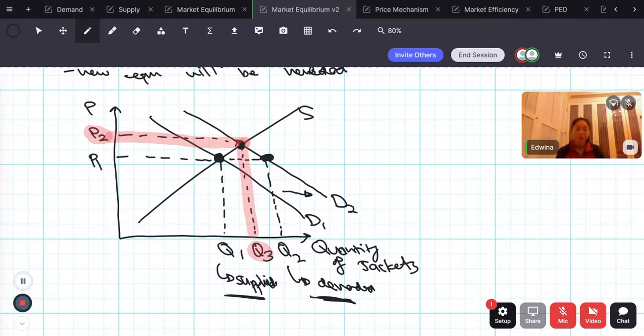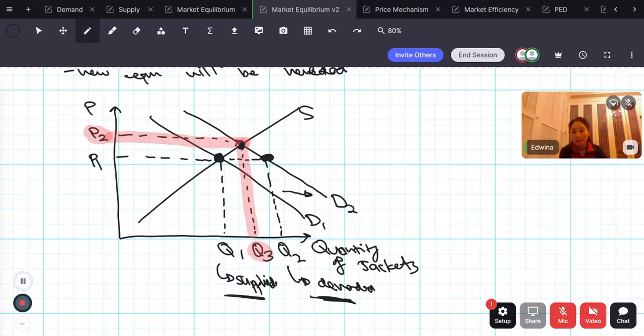However, the market corrected itself, and so firms increased the prices in order to meet the excess demand, because seeing as there was excess demand, they would obviously wish to be more profitable, and they can see that if they increase prices, people would still be willing and able to buy it, because right now prices are too low and they're losing out on consumers who would otherwise be willing to purchase their goods.